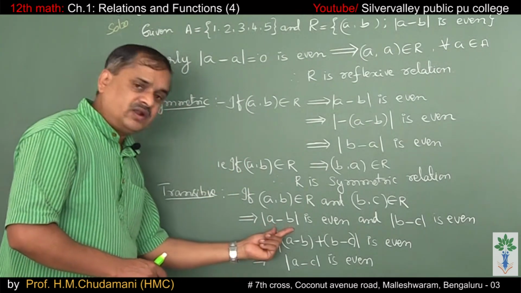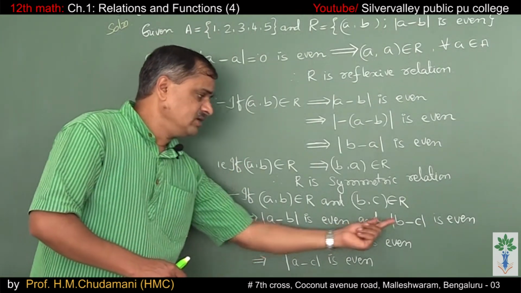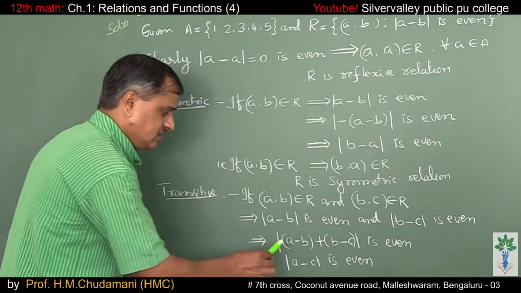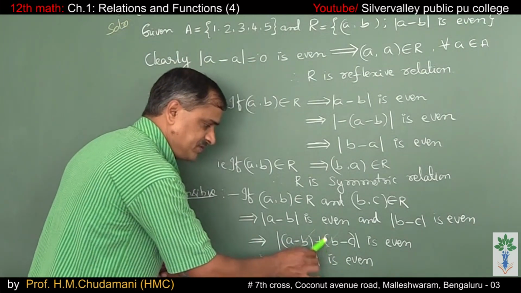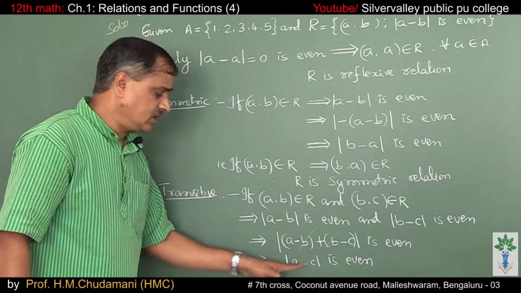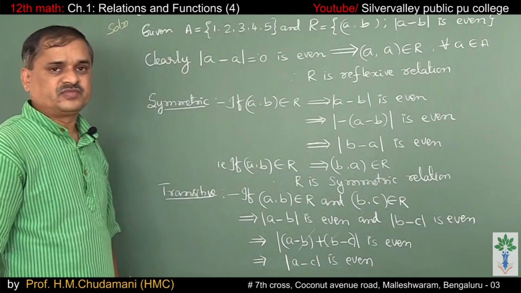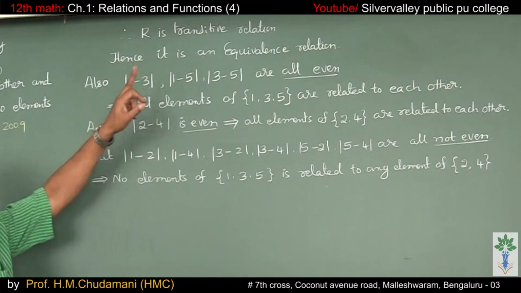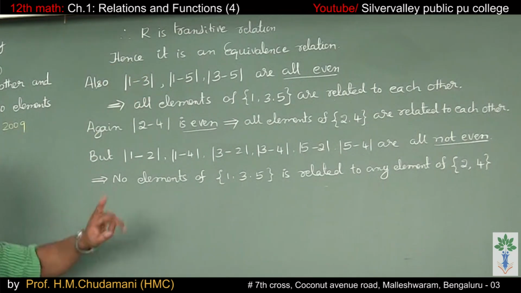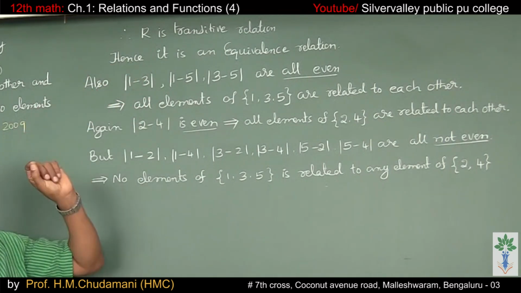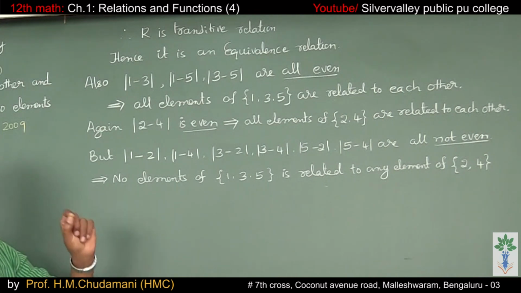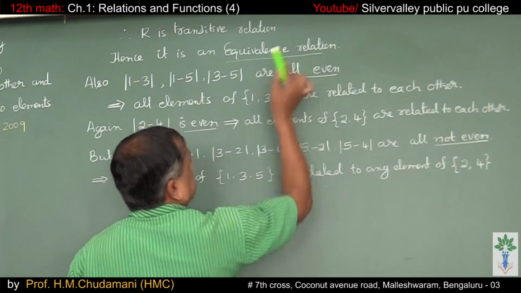So, modulus of a minus b plus b minus c; here, minus b plus b cancel. We are left with modulus of a minus c is even. Therefore, R is a transitive relation. Since it is reflexive, symmetric and transitive, it forms an equivalence relation.